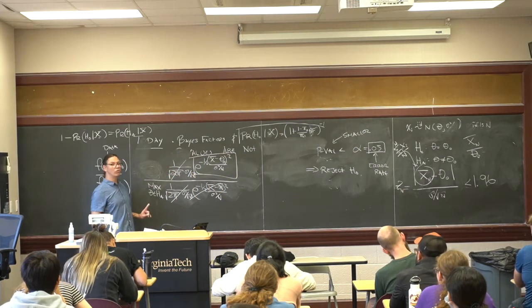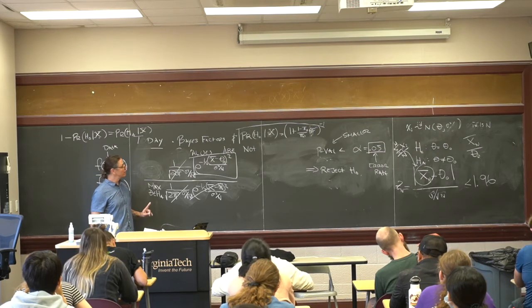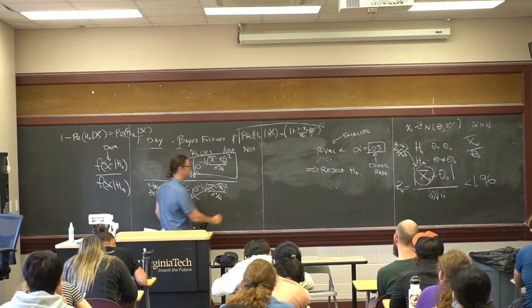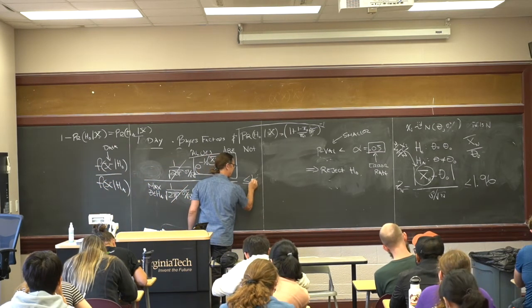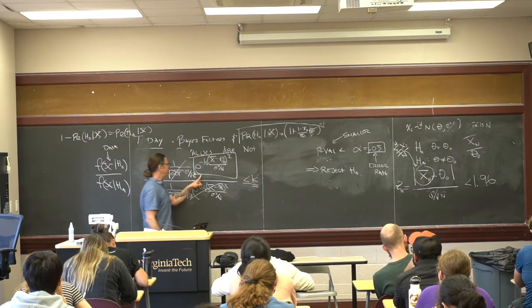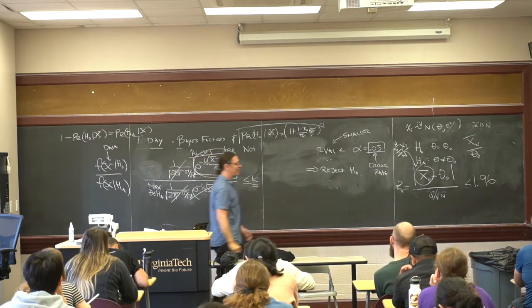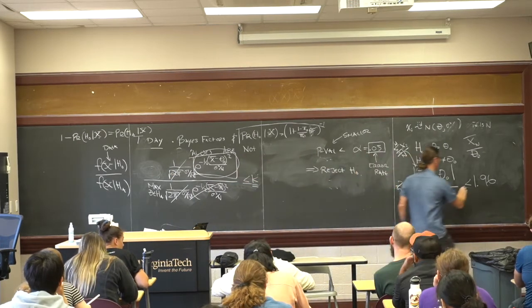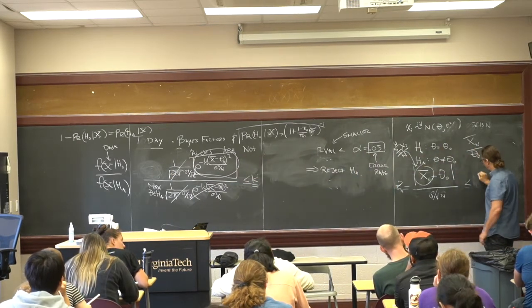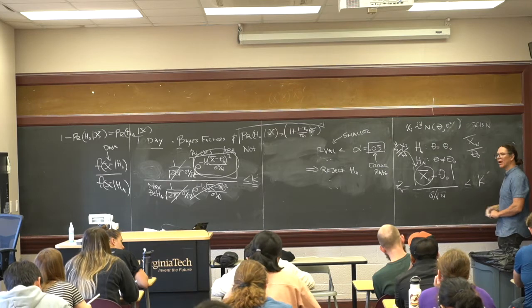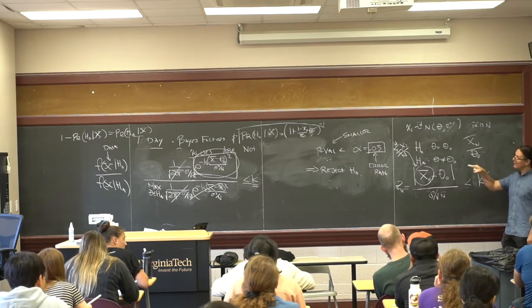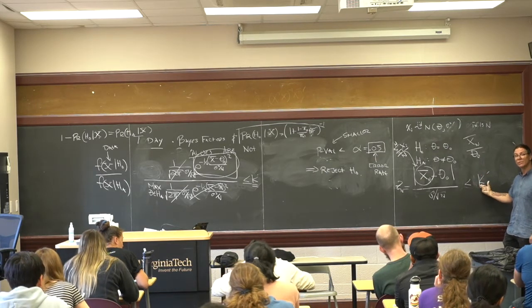If I were to threshold everything, so if I said this was less than or equal to k, that is equivalent to this thing being less than or equal to some other number k. That k and this k are different numbers.